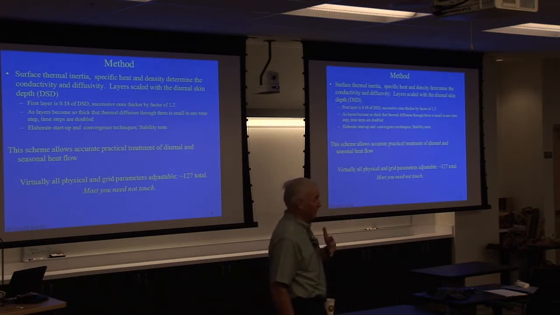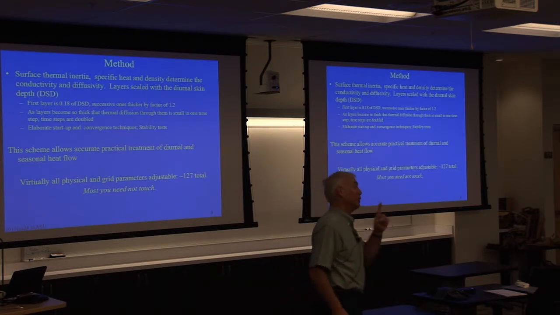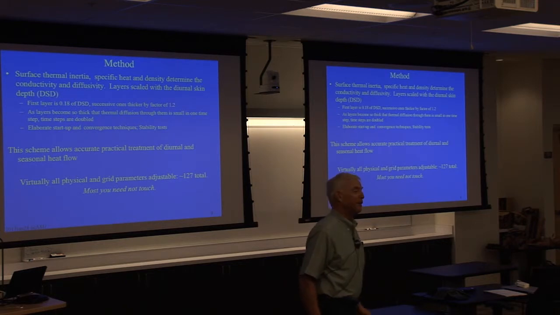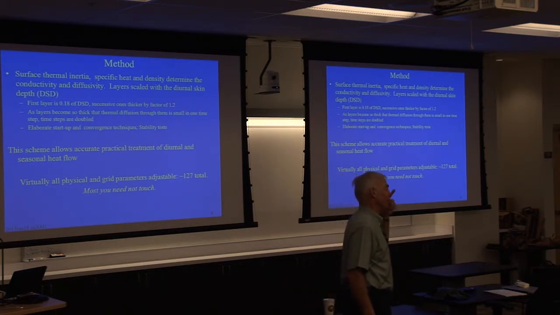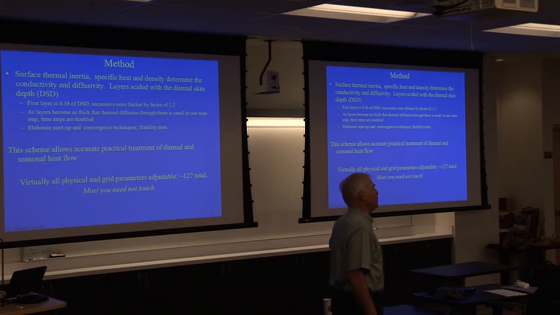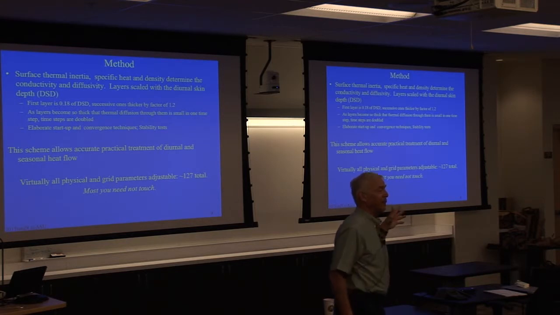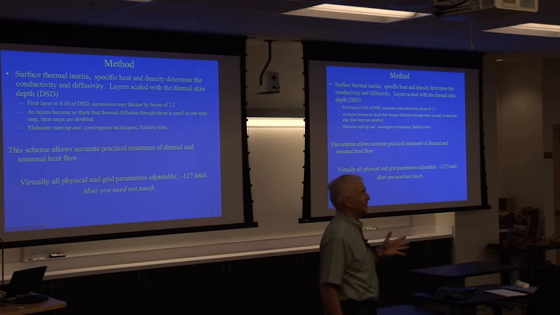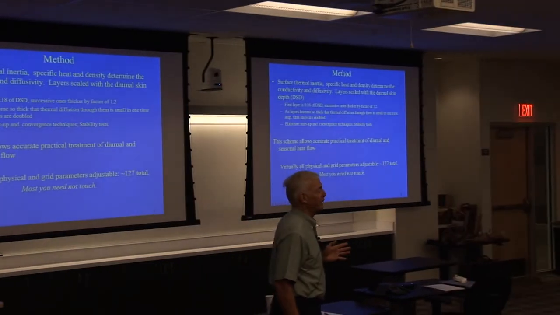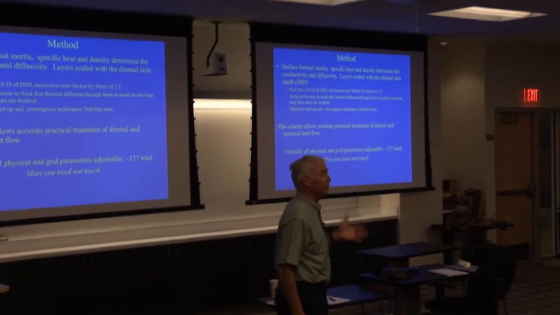If you have temperature dependent properties, it assumes the temperature will be 220 Kelvin and uses those values to calculate the physical numbers that go into the diurnal skin depth and sets up the layering scheme. So the layering scheme is based on a temperature of 220 Kelvin, which is near the middle for Mars.